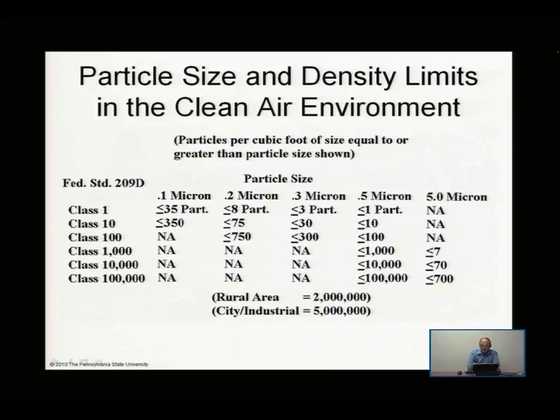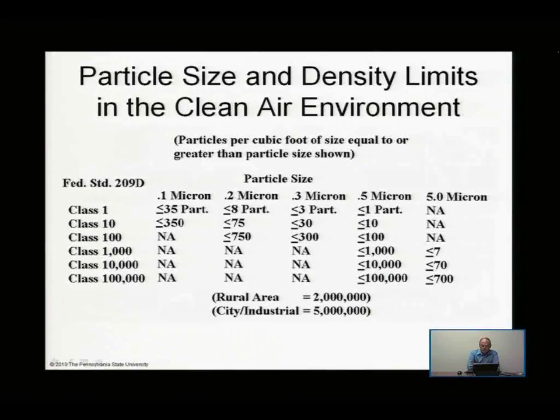And there has to be less than 7 particles whose diameter is 5 microns. So you see these different definitions, and these definitions are for a cubic foot. So these numbers, these densities, are specified for the number of particles in a cubic foot.